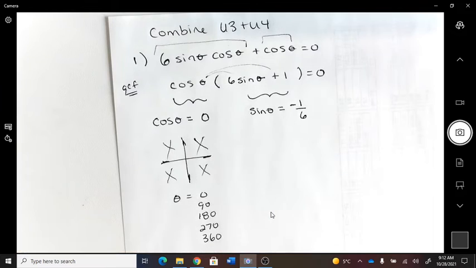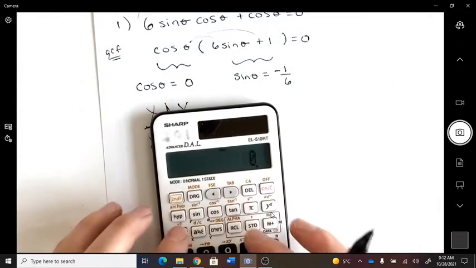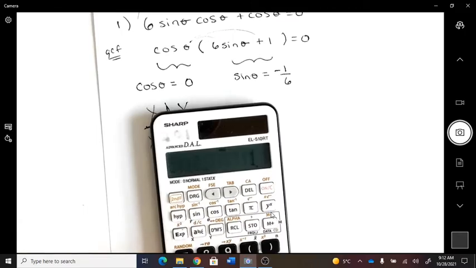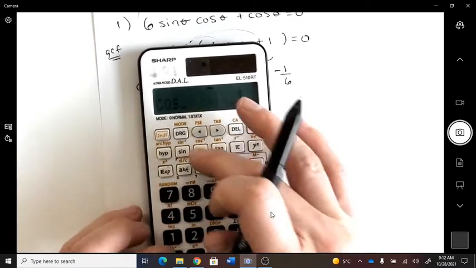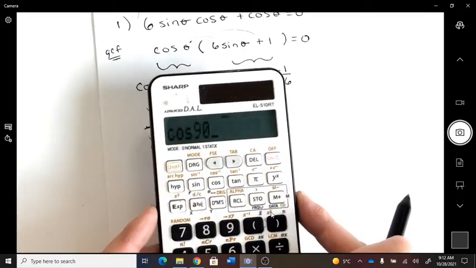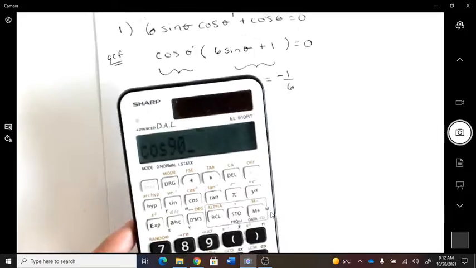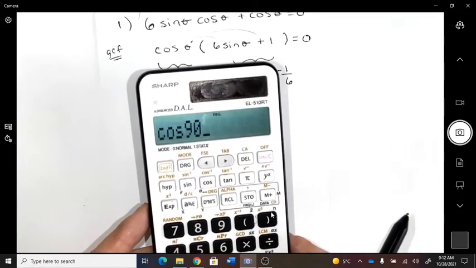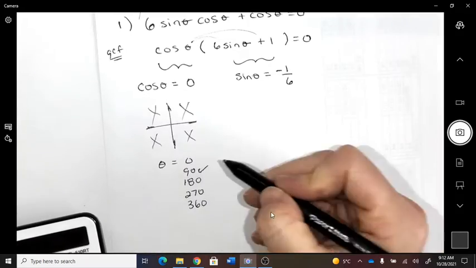Which ones are going to work? So if you want, you could test them all. So like cos of 0. Nope. Cos of 90. Oh, there, that makes a difference. Cos of 90 equals 0. So 90 degrees works.